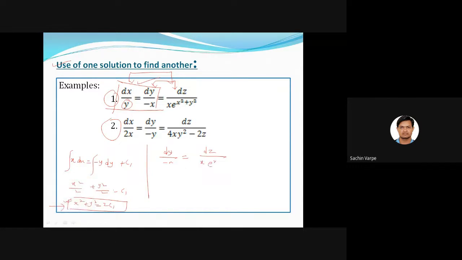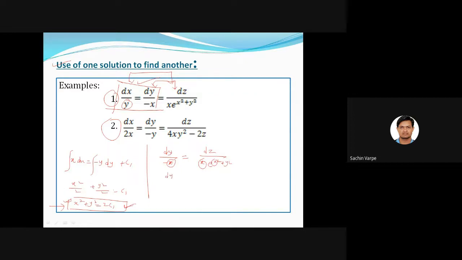So I can cancel this x, but is it possible to eliminate this other term? Because x is the third variable. So can we eliminate this? Yes. How? x square plus y square is equal to 2c1. So the first solution we can substitute directly into this ratio.